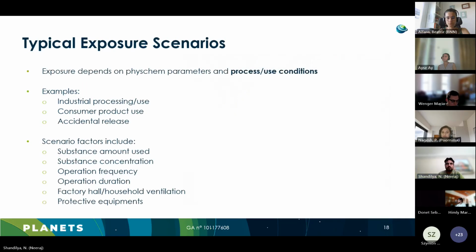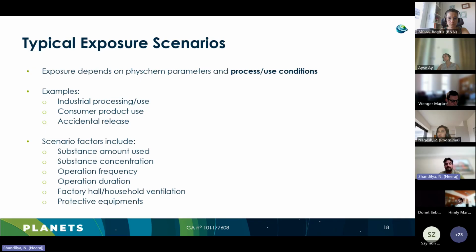Now, to start with the exposure assessment, the first and most important thing is to establish the exposure scenarios. What if this happens, then this will happen. Any exposure depends on the physicochemical properties, so the parameters related to the chemical or the substance itself, as well as its process or use conditions. For example, it could be industrial processing or use, consumer product use, or accidental release.